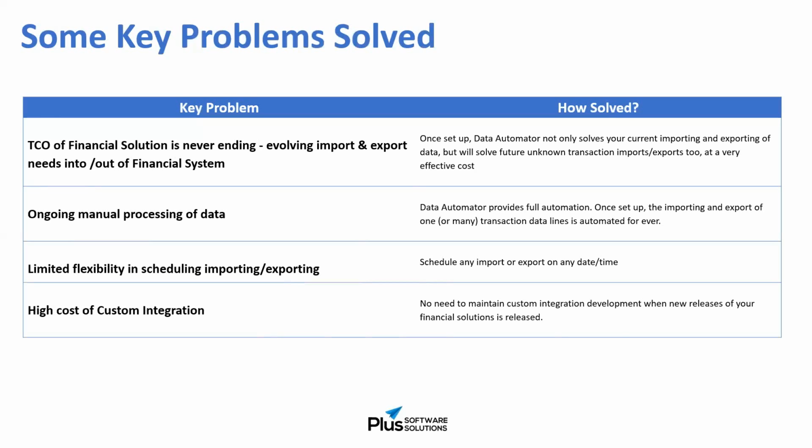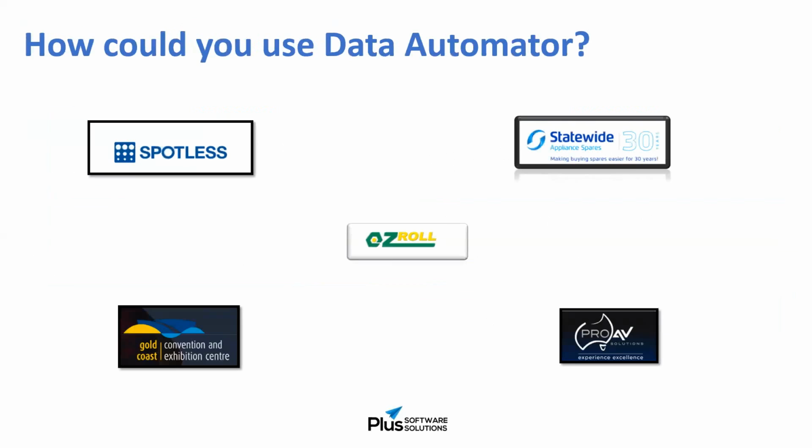So maybe we'll just quickly bring Adrian into the conversation. Adrian, I guess the question is, give us some real life examples on how people would use Data Automator to tweak some ideas. Sure, thanks, Pete. So we've got a couple clients here that have advanced ordering systems.